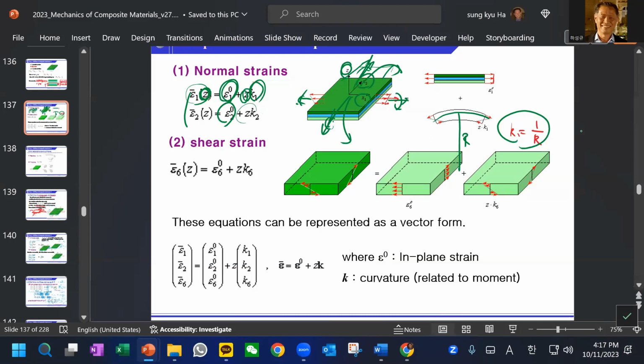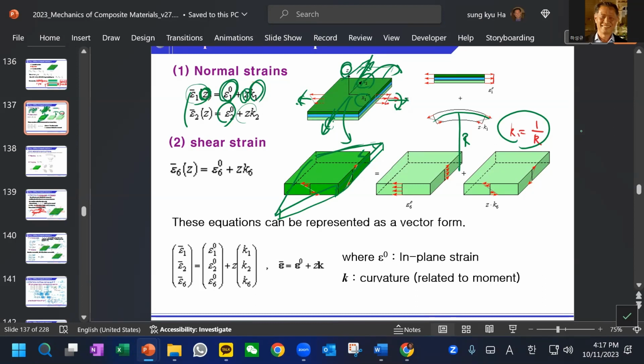And shear strain is also the same. Shear is a little bit different from normal, but mathematically it is pretty much the same. Shear means that this plate can have an angle change. See, this was rectangular, but after shear load, the angle will change. So this is the shear deformation.